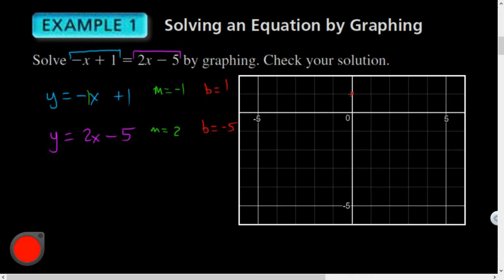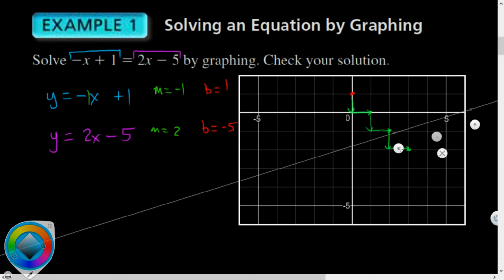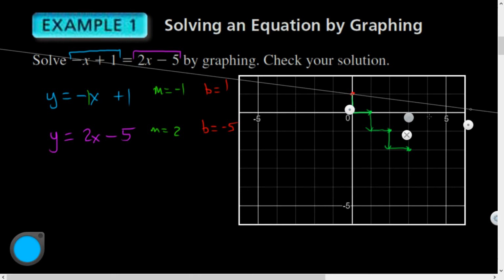So let's see, for the first line, y-intercept is at 1. The slope is -1, so I'd go down 1, over 1, right, down 1, over 1, etc. You don't have to draw those arrows every time. We're in the habit of it. Hopefully you guys are getting better at graphing these days, though.